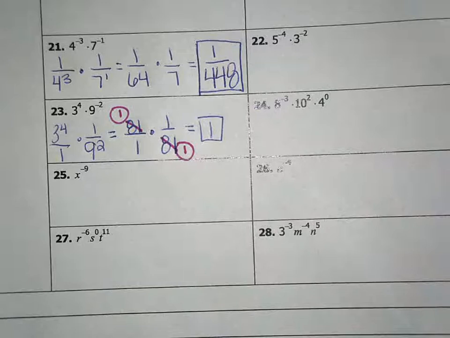Okay, we're going to skip 24. We'll come back to it. Let's go to 25. This time it has a variable with it. Do we do anything different because it has a variable? No, it's exactly the same. So everyone rewrite it using positive exponents.